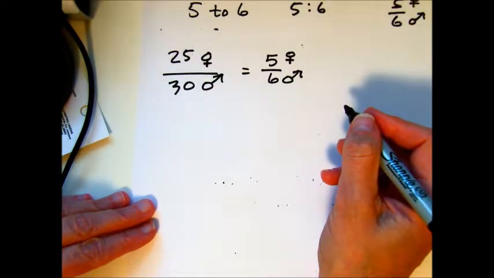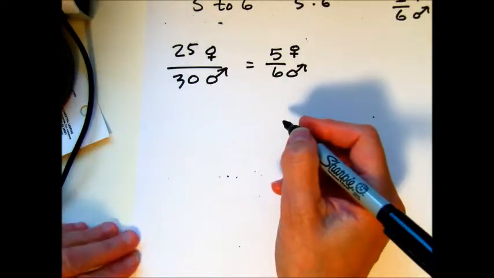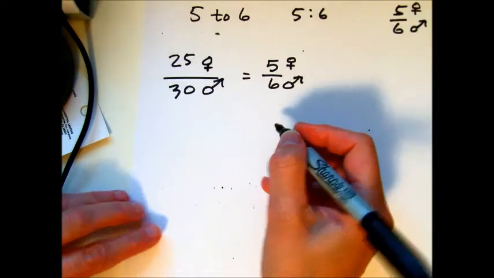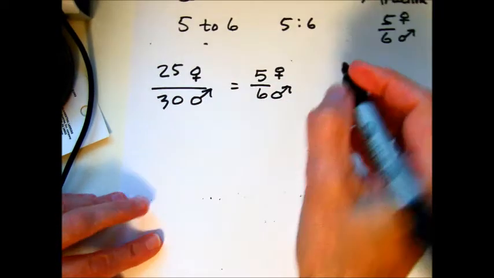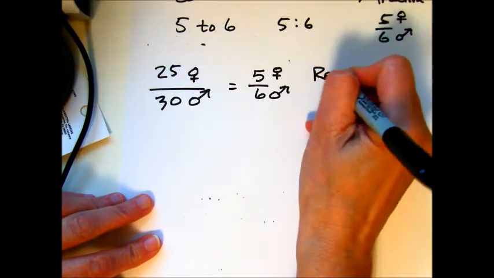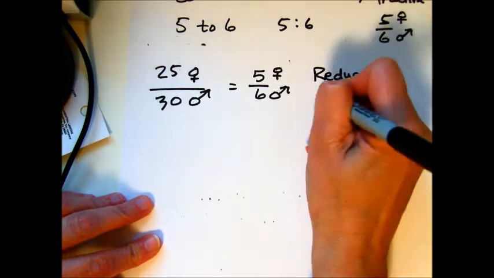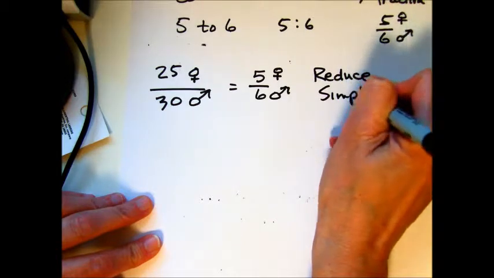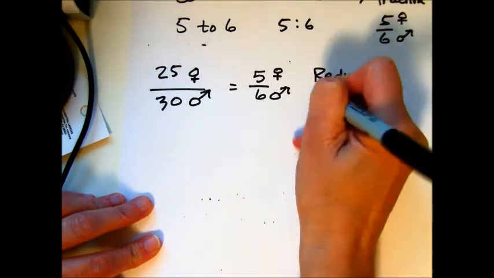Now, there's a couple of other things you want to keep in mind. In this case, we reduced to lowest terms. Okay, so we want to reduce or simplify. That's the proper term.